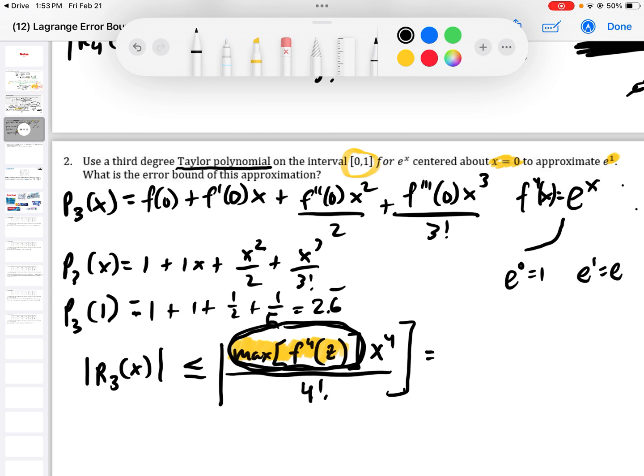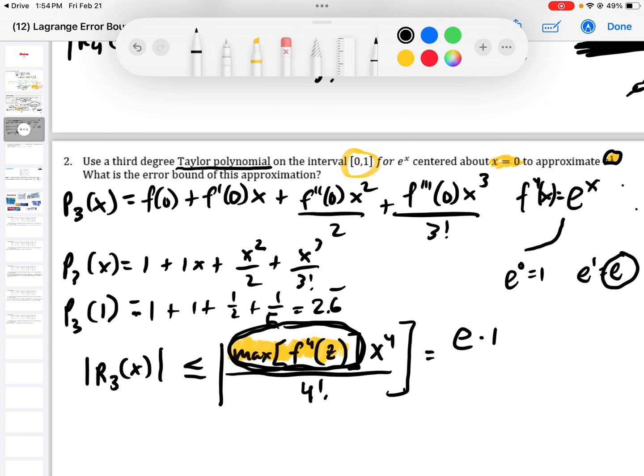I know e to the x goes like this. So e to the 0 is equal to 1. E to the first power is equal to e. E is the biggest it could be. So the fourth derivative, the absolute maximum it could be, would be e. Now our number that we're plugging in might actually be smaller than that, we don't know.